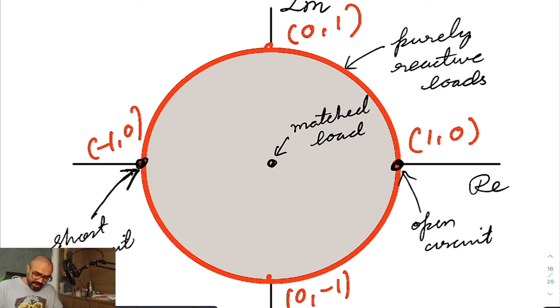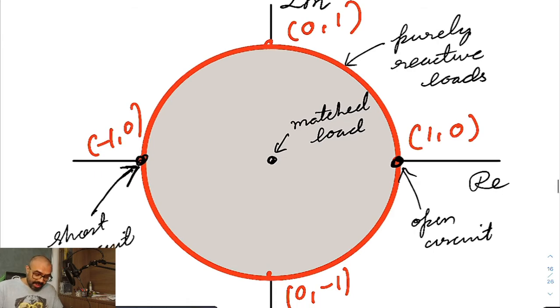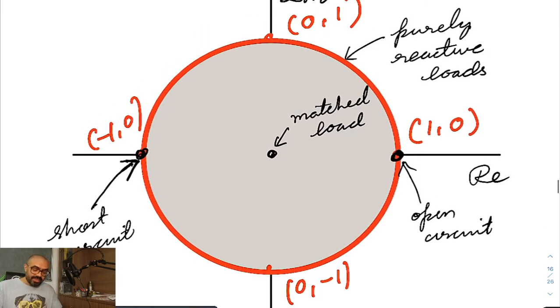And some points you can notice: the gamma 1 plus J0 results from an open circuit, gamma minus 1 plus J0 results from a short circuit, and the gamma of 0, comma minus 1 or 0, comma 1, for instance, is going to result from having some purely reactive impedance.